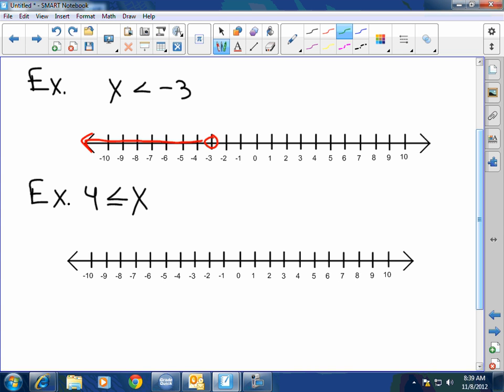Read it for us. Okay, why are you reading from the number? No. X is greater than or equal to 4. Yes, sir. Please pay attention. You always read from the variable. Solid circle because it's greater than or equal to. That is perfect. It's greater than, so it goes to the right.